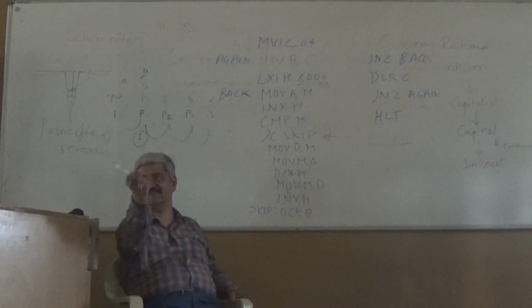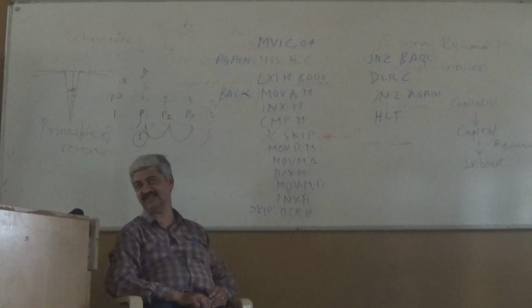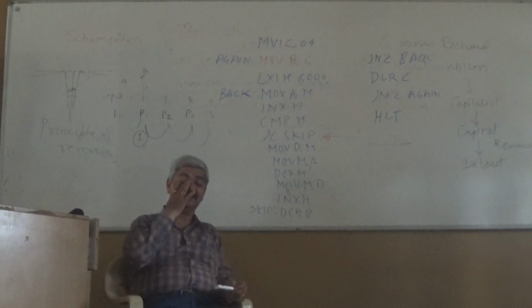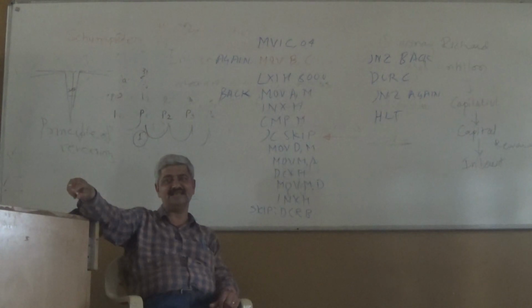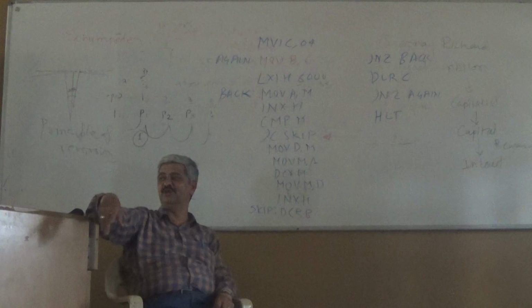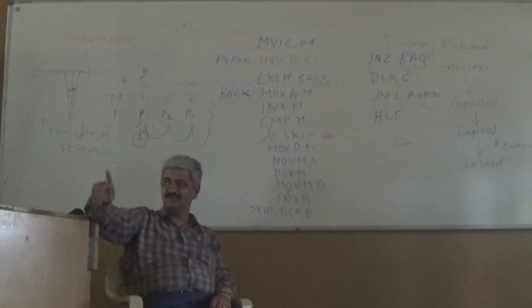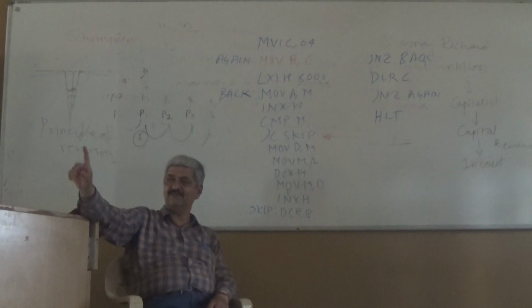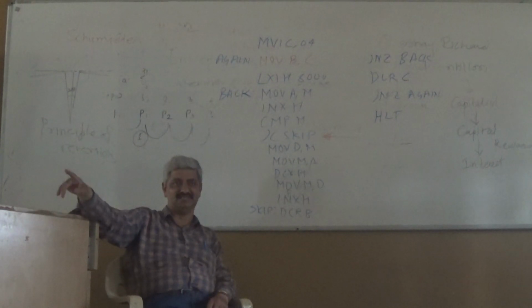But what happens here? Jump on carry skip. Yesterday I told you in compare, if A is larger, carry is 0, zero flag is 0. If A is larger than M, both are reset. If A is smaller than M, carry is set, zero is reset.